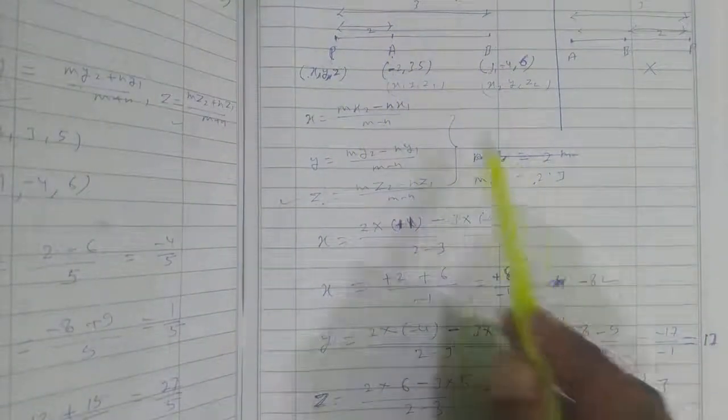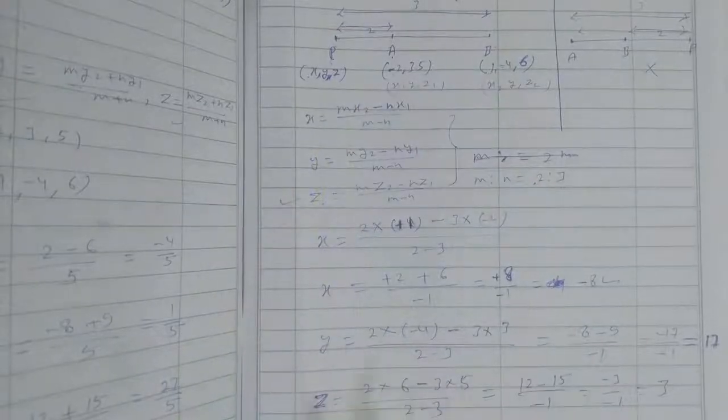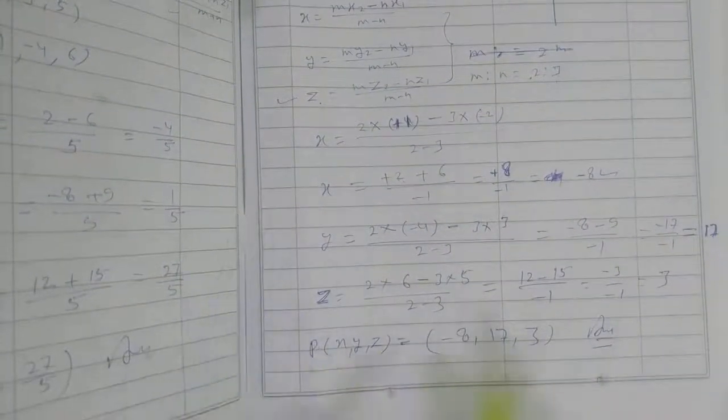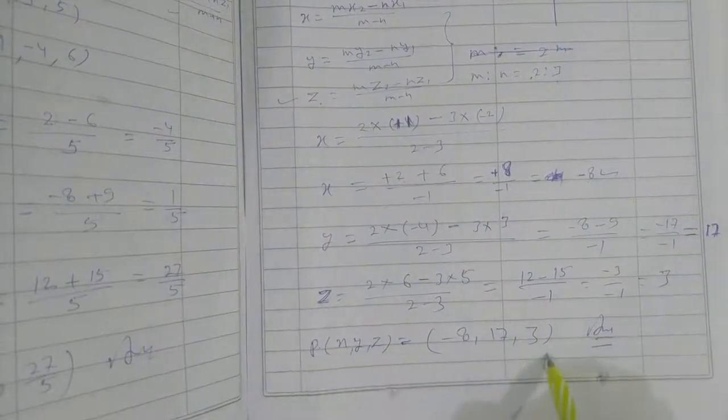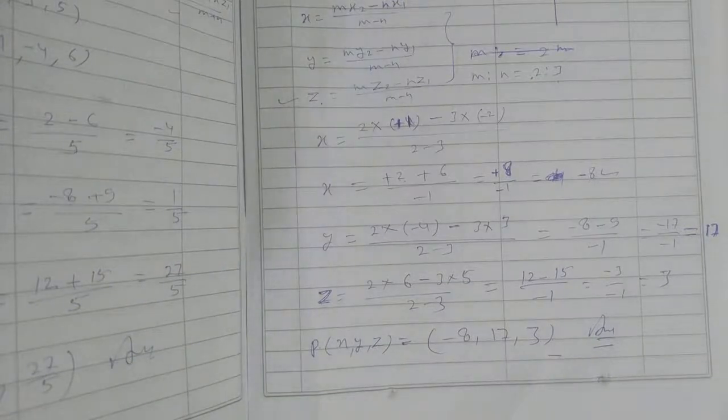According to this ratio, you will write here 2:3. So this is your final answer when the line is divided externally. Yes student, according to this way you will solve every question when the division point is external. Any line divided from an external point, you will solve according to this way.